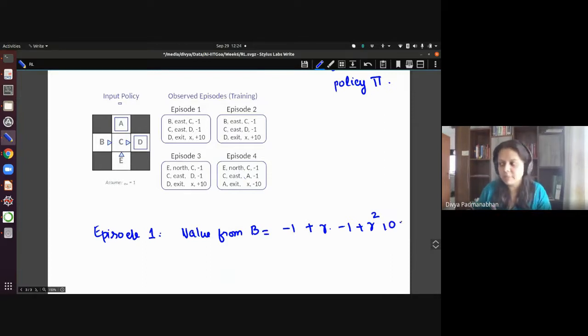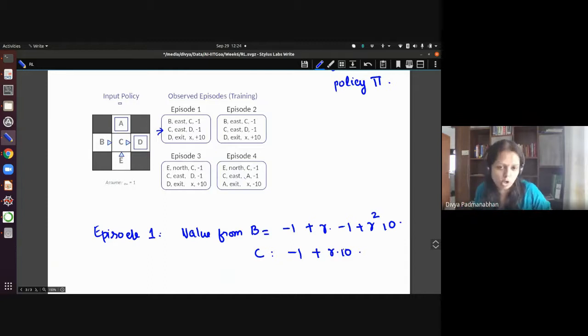You remember this, right? You had this notion of discounting. Similarly, the value from C, if you started from here in episode 1, was -1 plus gamma times 10. Is this clear? I've just told you what we meant when we said the value of a state.